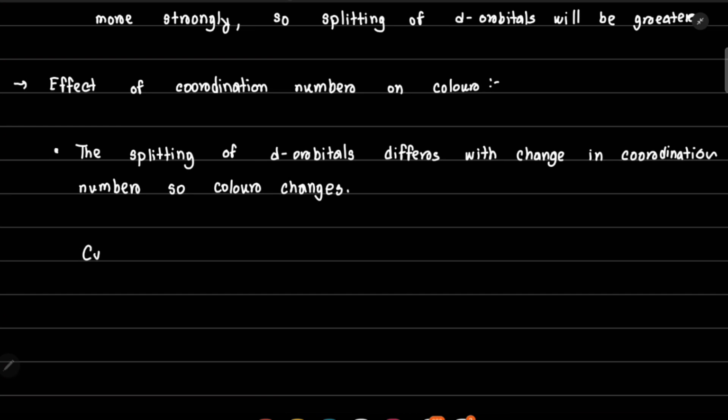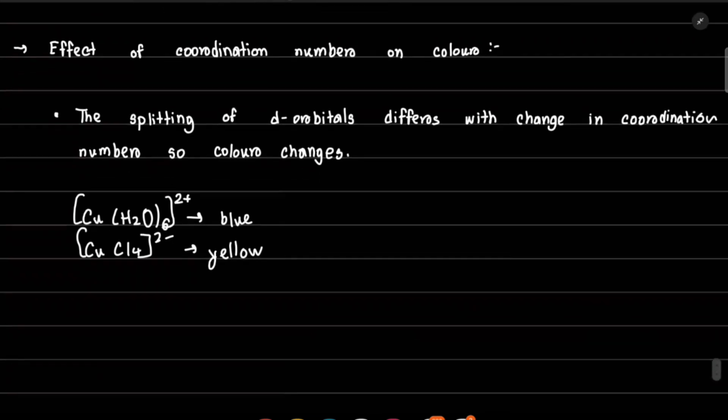An example of this would be [Cu(H2O)6]2+, which is blue, whereas [CuCl4]2- is yellow. We are changing the ligand, but we are also changing the coordination number here, and that also affects the change in the color.